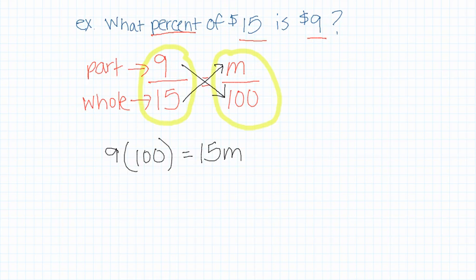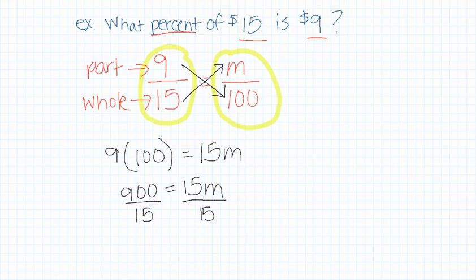We want to find out what m has to be in order for these two ratios to be proportional. So we can simplify this part. 9 times 100 is 900, and that equals 15 times m. Now this looks very familiar. I believe you all did this in the previous unit where you solved equations. So what's the opposite operation here? Division. So we're going to divide by 15 here. Whatever you do to one side of the equation sign, you must do to the other.